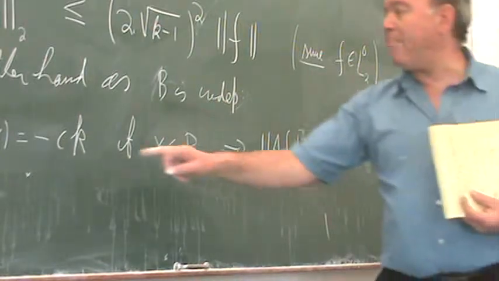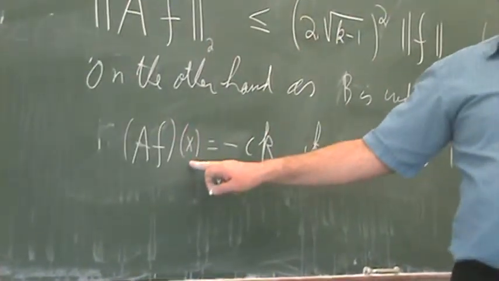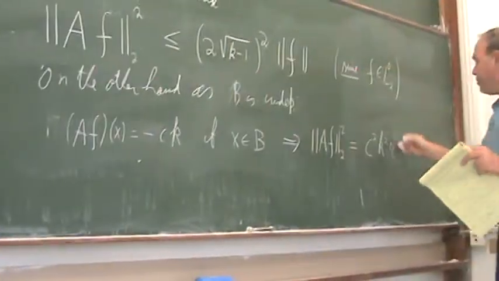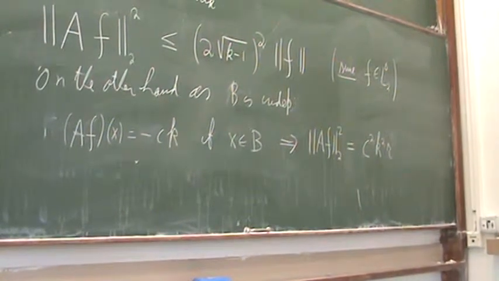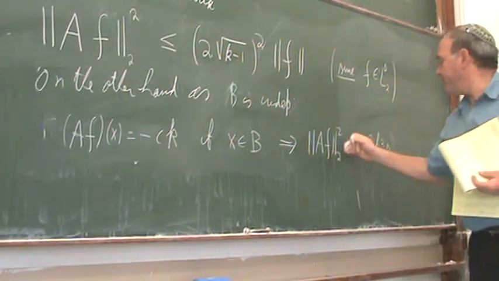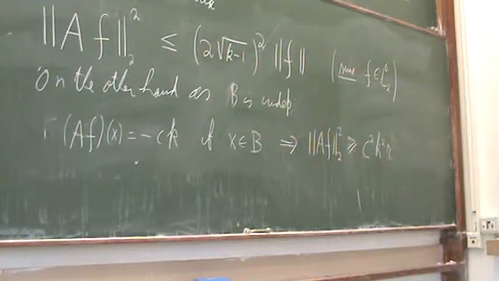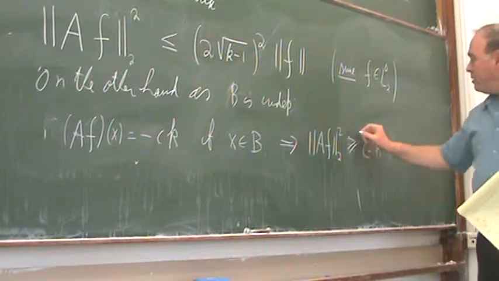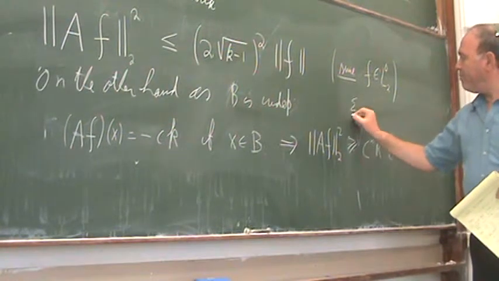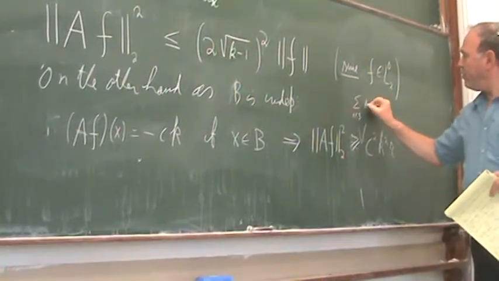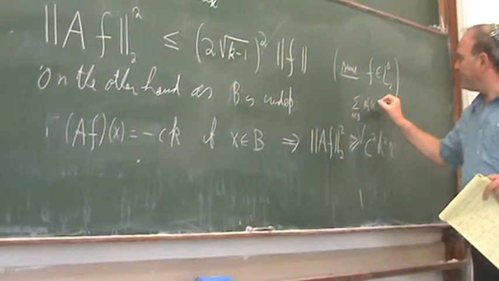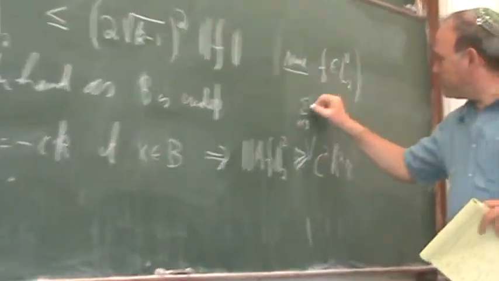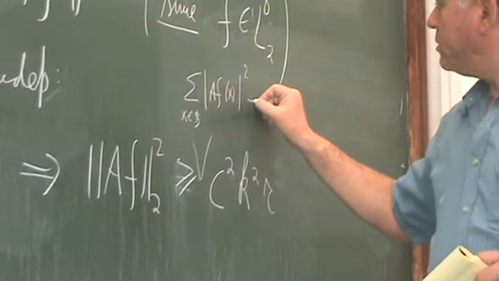I sum up the norm of AF only on B. If you want, the sum over X in B of AF of X squared, and this is equal to this.